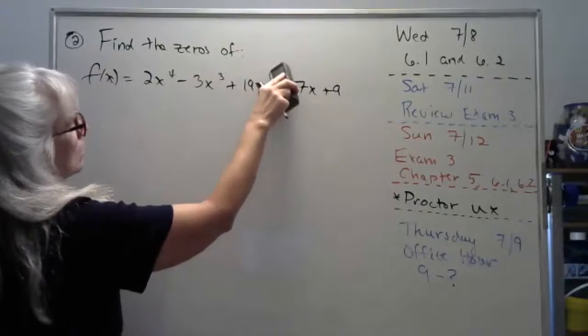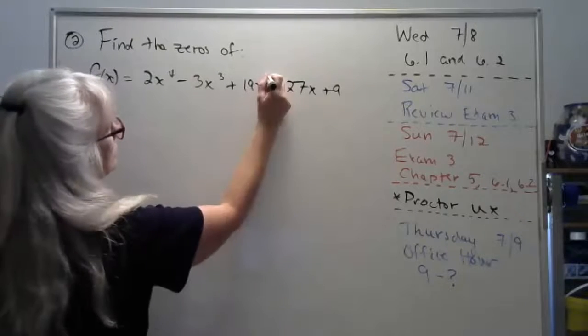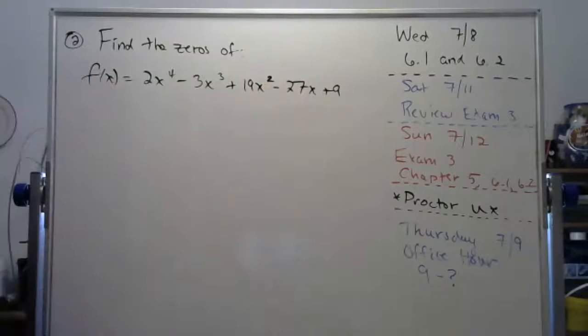So we have 2x to the fourth minus 3x cubed plus 19x squared minus 27x plus 9. Just going to ask you to find the zeros.